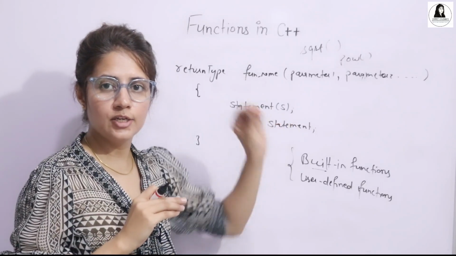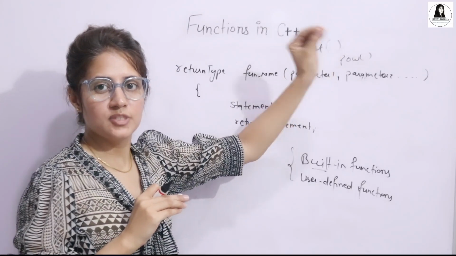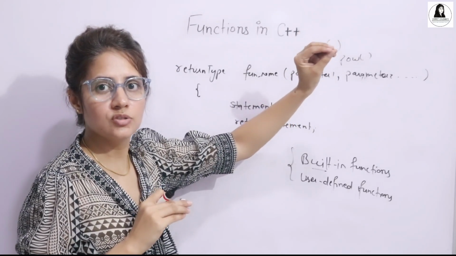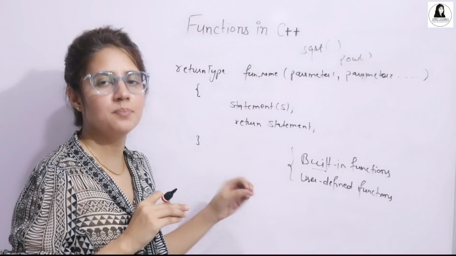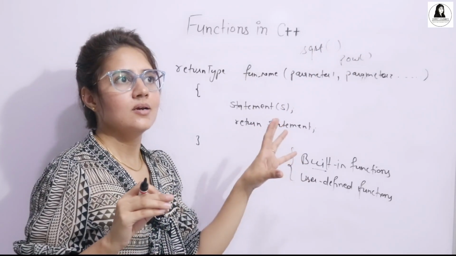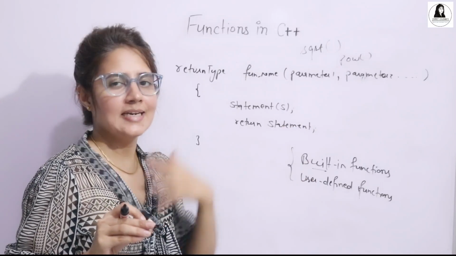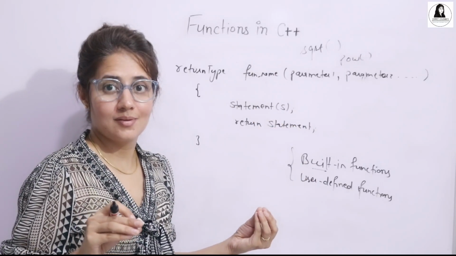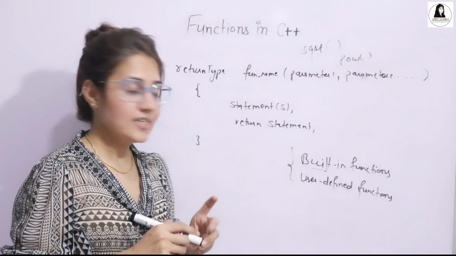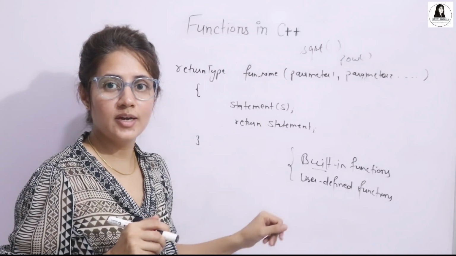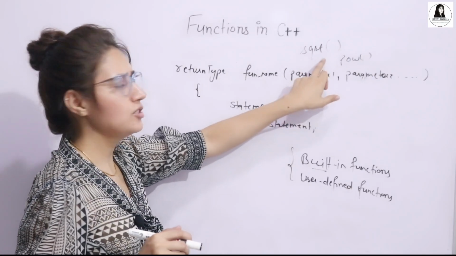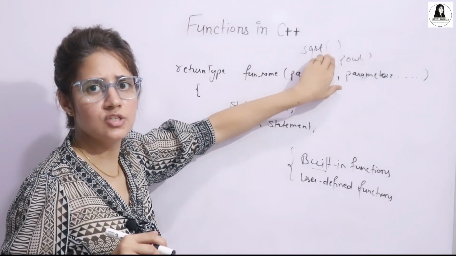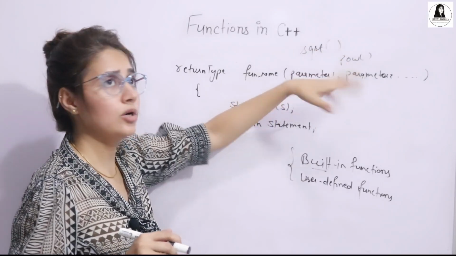So you just directly include the header specific to the functions you want to use, and you can directly call those functions in your program. These are predefined functions. Someone has already defined these functions for us. We can directly use those functions, right? But next is user-defined functions. So there are some user-defined functions also. In a predefined function, you don't need to know how this function is working, how this function is calculating the square root.